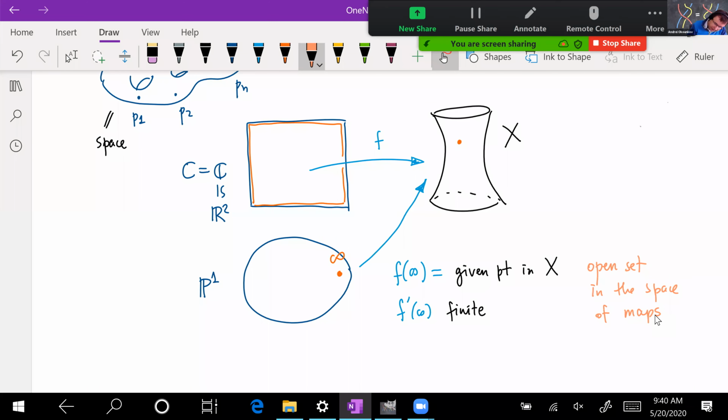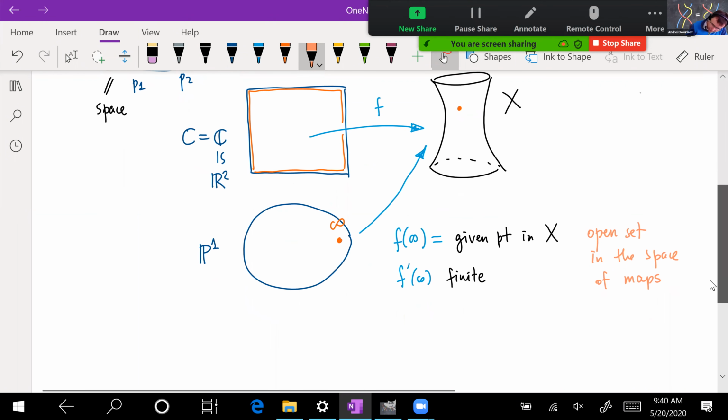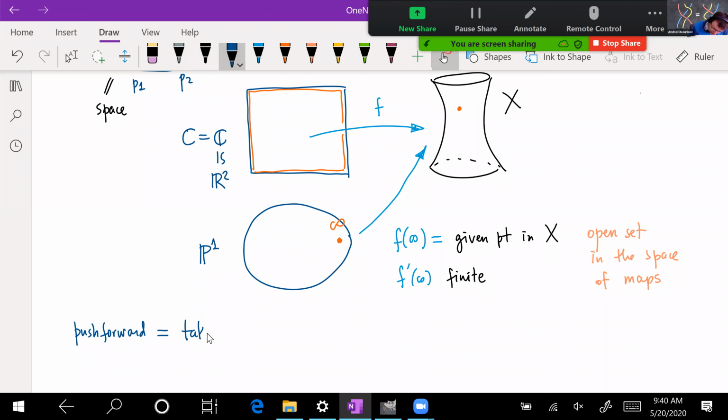So this means if I take the push forward from an open set, what does it mean? Push forward means take sections of a holomorphic vector bundle over an open set.